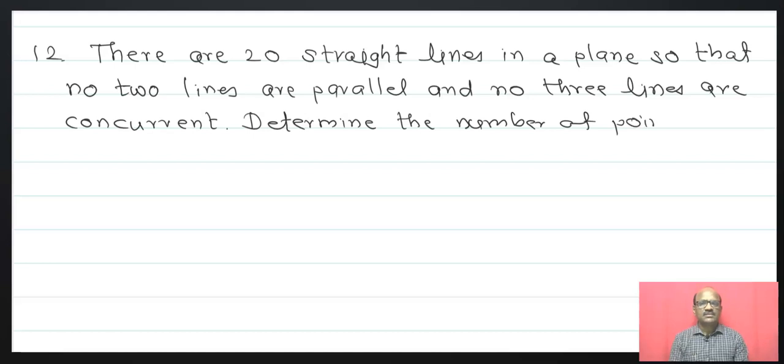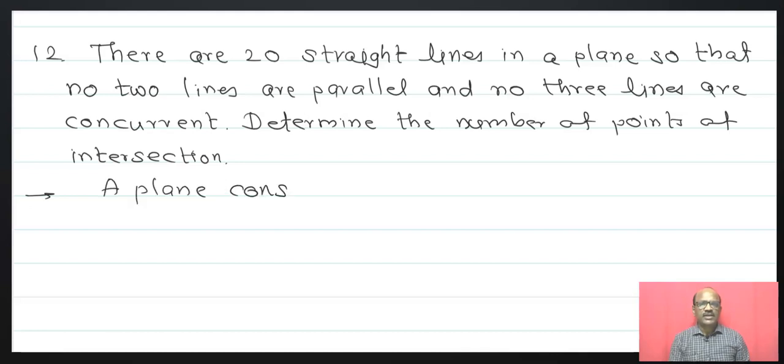Determine the number of points of intersection. There are 20 straight lines in a plane so that no two lines are parallel and no three lines are concurrent.